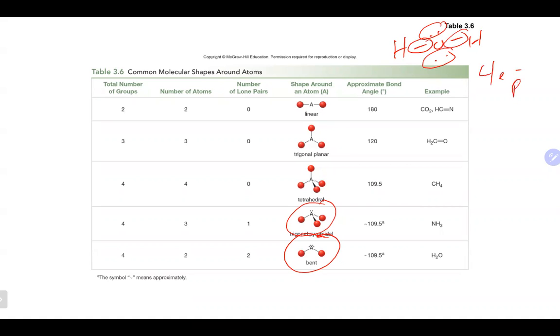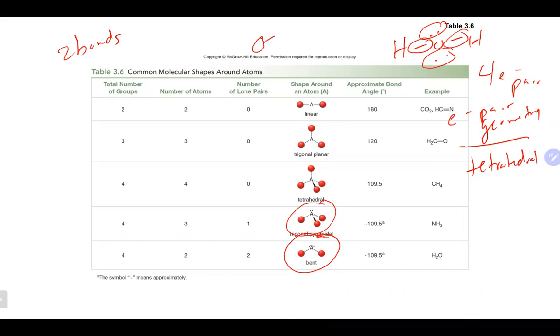And because it has 4 electron pairs, the electron pair geometry is going to be tetrahedral. But because of those non-bonding electrons, and it only has 2 bonds in this case, those non-bonding electrons are going to try to go as far away as possible. As those electrons go up, the bonded atoms also try to get away as far as possible.